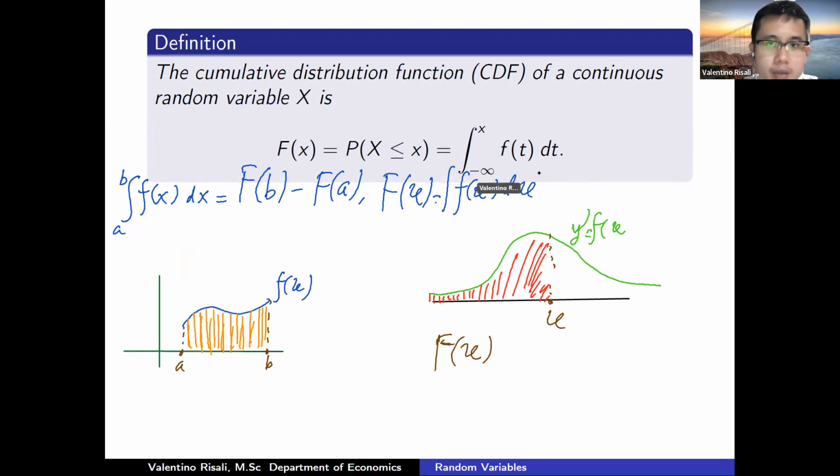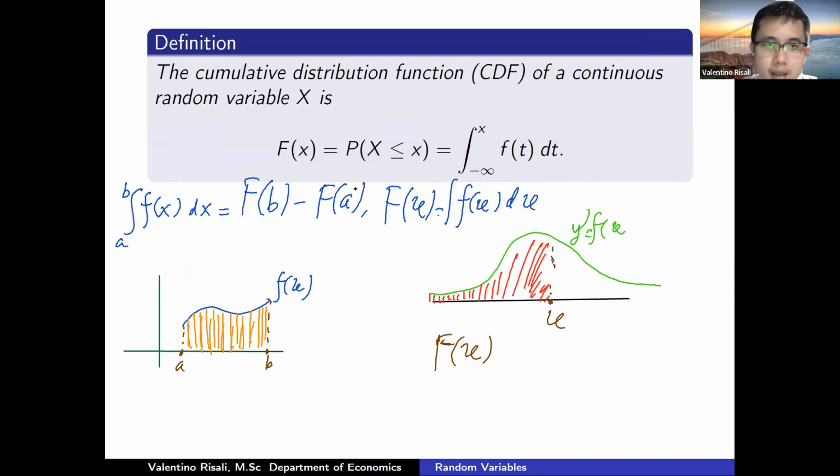Yeah, we can use this formula, or we call it the fundamental theorem of calculus, to find the value of the integral. Yeah, this is the illustration about the CDF in continuous case.